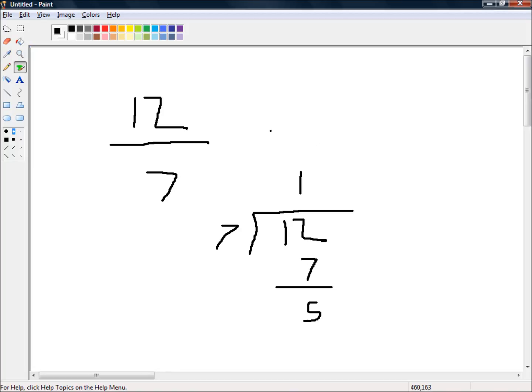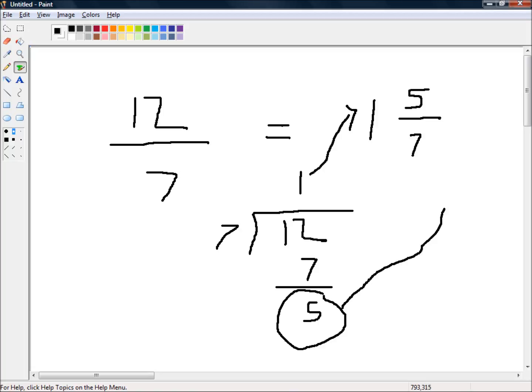So our mixed number is 1, which we get from here, and 5/7. And just to be absolutely clear, the 1 comes from here, the 5 comes from here, and the 7 comes from here.